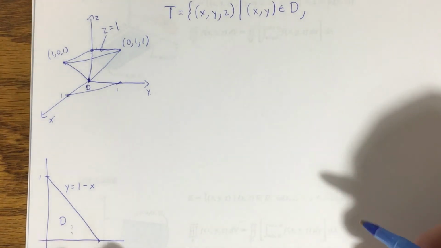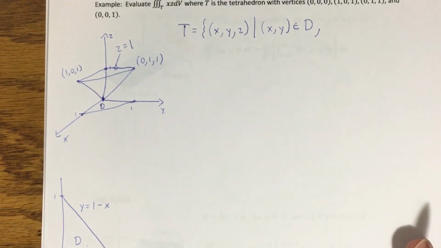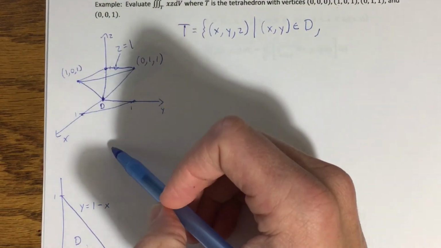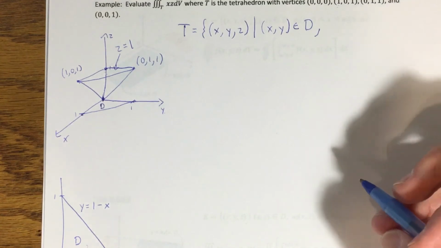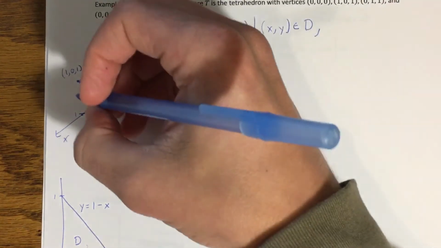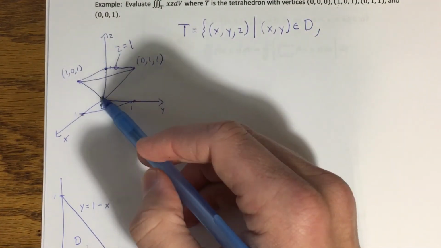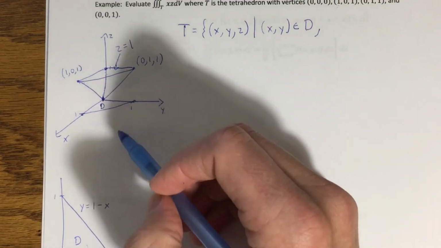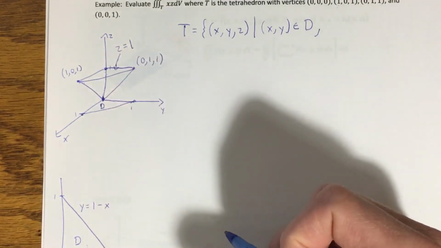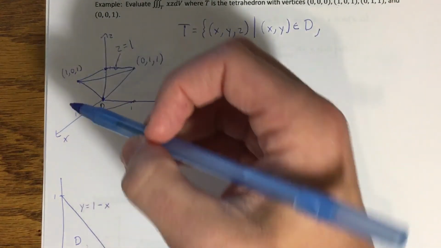There's different ways to come up with it, but if we think back to chapter 12, how we came up with equations of a plane, if I can find a normal vector to that plane, I can use that to come up with the equation. So thinking back to chapter 12, if I can find two vectors in the plane making up this triangular face right here, their cross product will give me a normal vector.